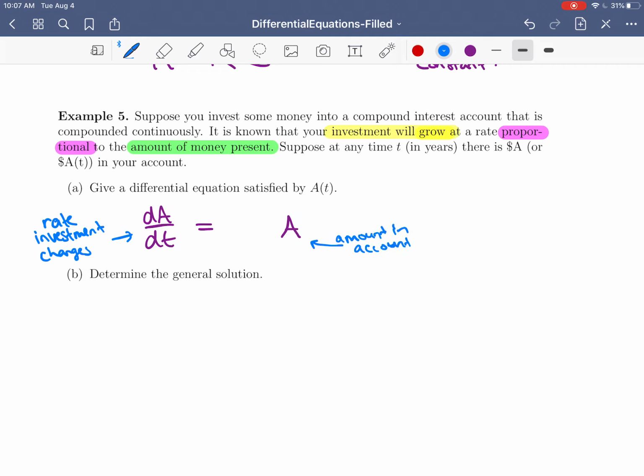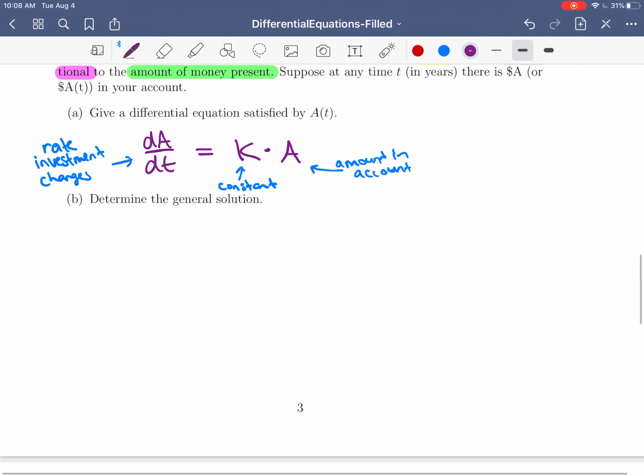Because it's proportional, we know that there's some constant k so that the rate is equal to k times A. We don't know what it is, but it's some constant. For this, we can find the general solution. Now we want to be careful. k is a constant, not a variable.